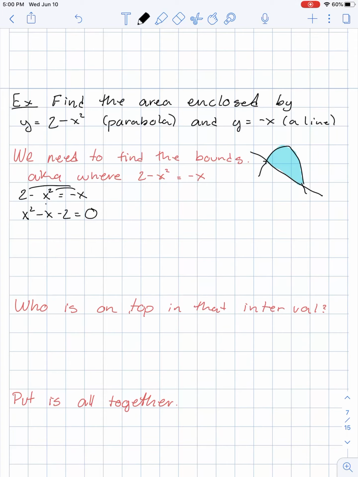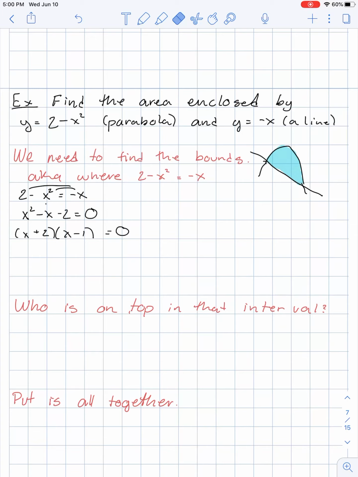factor. All right, so this is going to be x plus or minus something, x plus or minus something equal to 0. Multiplies to negative 2 and adds to negative 1. So I think that's x plus 2, minus 1. Multiplies to negative 2, yeah. 2 minus 1.